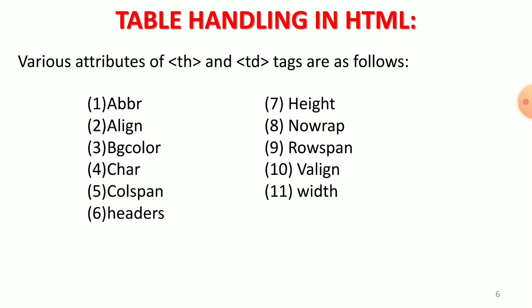Ninth, rowspan indicates the number of rows that the cell spans across. Tenth, valign specifies the vertical alignment of the cell. And eleventh is width, which specifies the width of the cell. That is the th and td attributes.